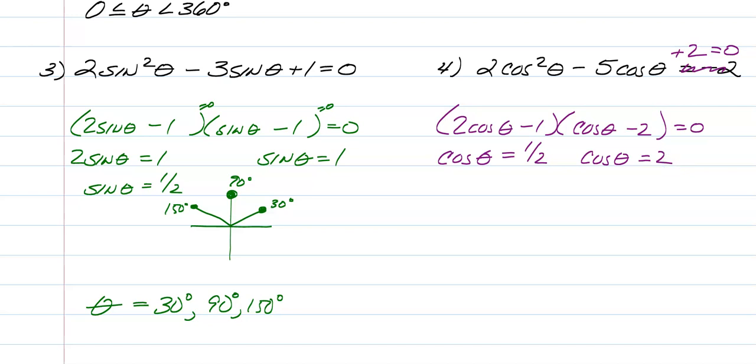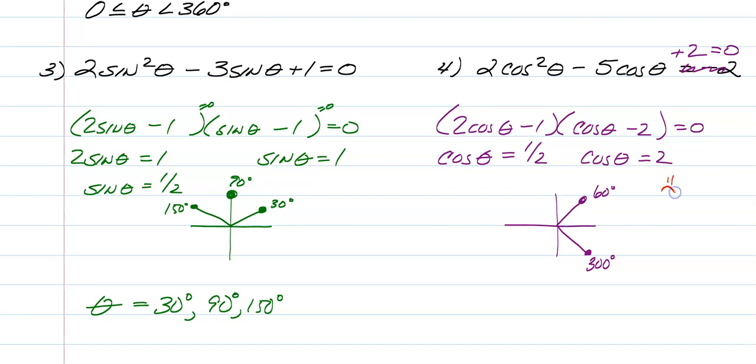When is cosine equal to a positive 1/2? Well, cosine is positive in quadrants 1 and 4. And our reference angle for 1/2 with cosine is 60 degrees. So 360 minus 60 is 300 in quadrant 4. And then when is cosine equal to 2?